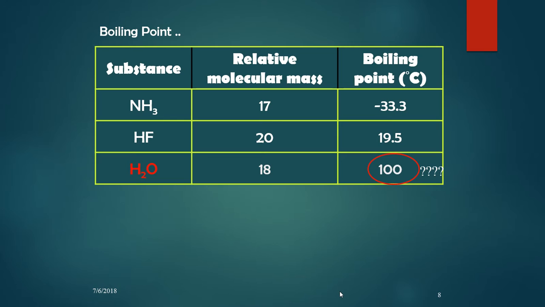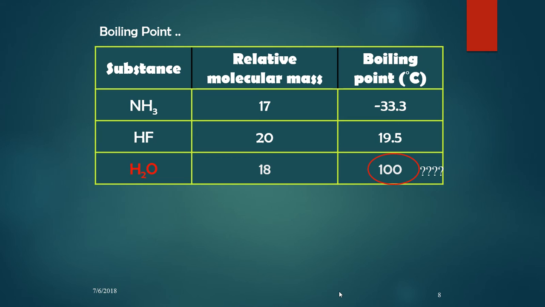So look at the boiling point. The intermolecular force controls the physical properties. The previous slide stated that physical properties are controlled by intermolecular force, so we can know the strength of the intermolecular force by the boiling point and melting point.